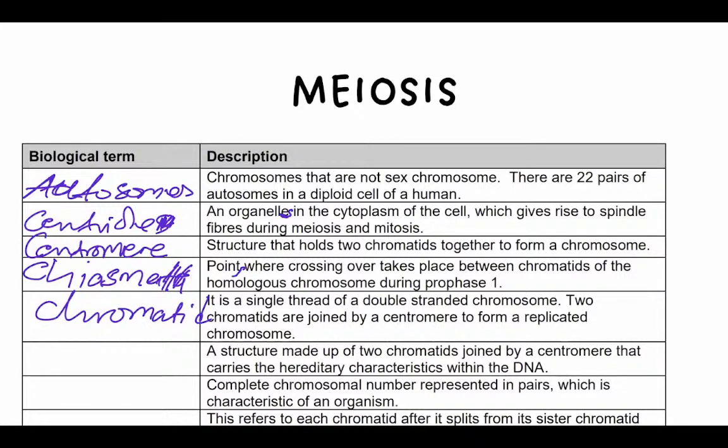Yes. A structure made up of two chromatids joined by the centromere that carries the hereditary characteristics within the DNA. How do you call those structures? Remember, we said that in interphase, that structure duplicates. And in prophase 1, it condenses.